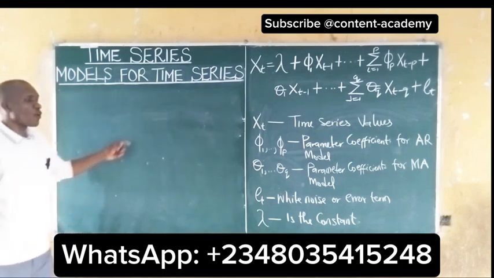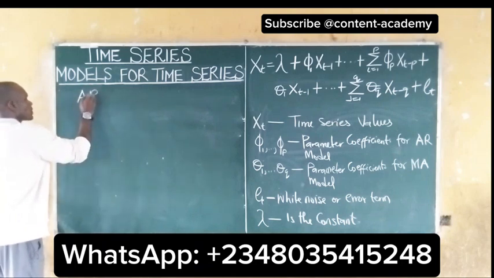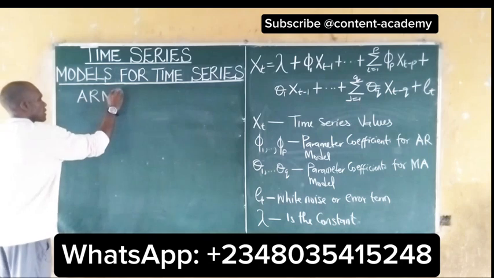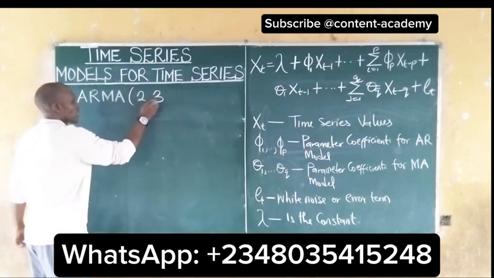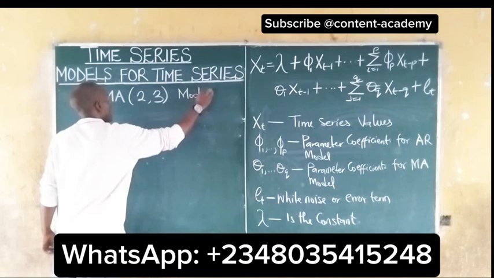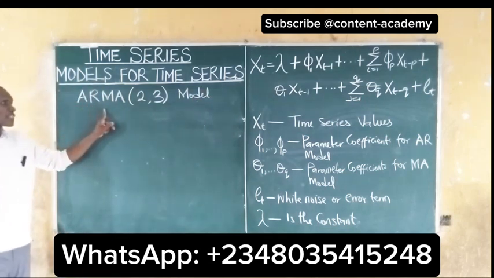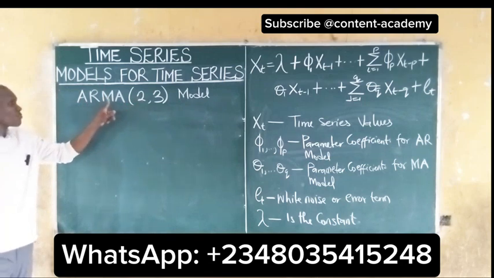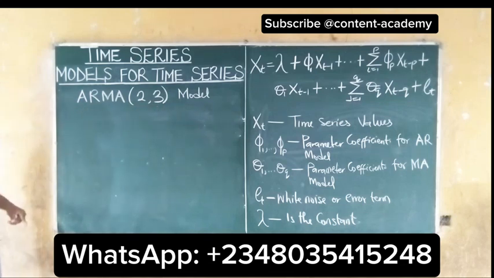Now, how can we compute the ARMA model? For example, if we are asked to compute the ARMA model of order 2, 3, what this simply means is that we have the autoregressive model of order 2 and the moving average model of order 3. Now, how do we write it?